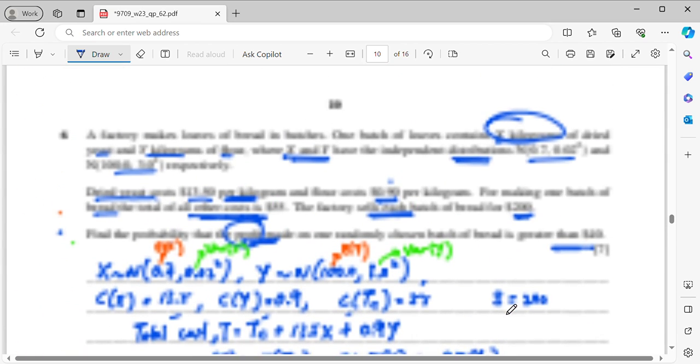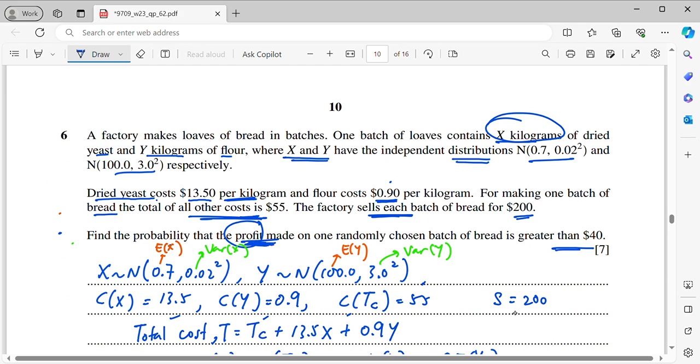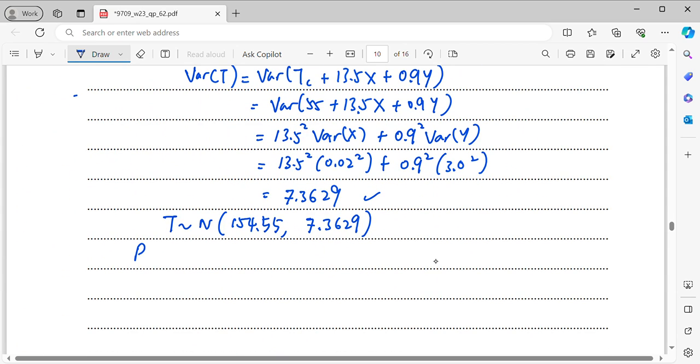Okay, so now I need to find the probability of getting a profit which is greater than $40. So we know that profit is going to be selling price minus total cost. Okay, so now your profit is going to be greater than $40, right?